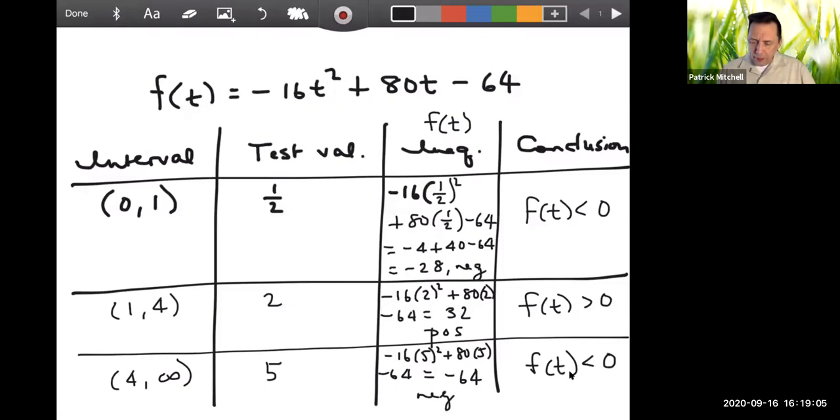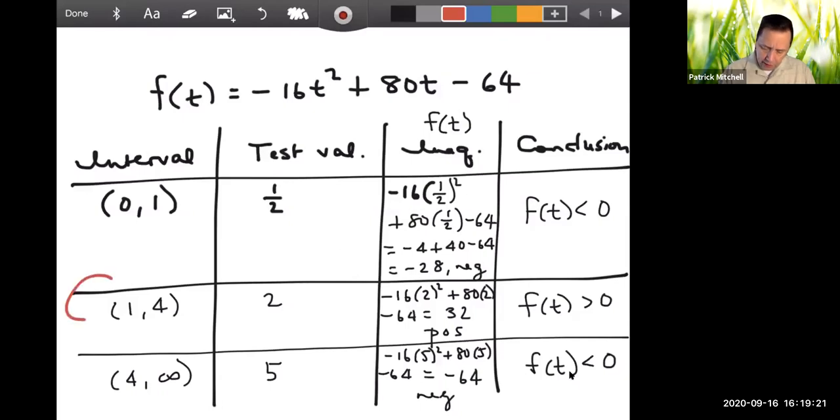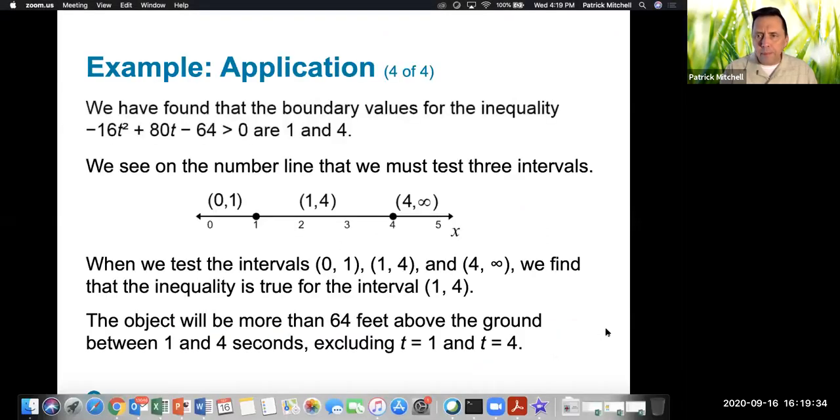All right, and I believe the question was, when is f of t greater than 0? Because that's equivalent to asking when is the original position function greater than 64? So we are interested in this interval right here. And if we go back to the slide, I think that might make a little more sense now.